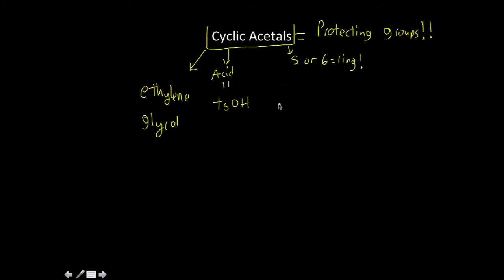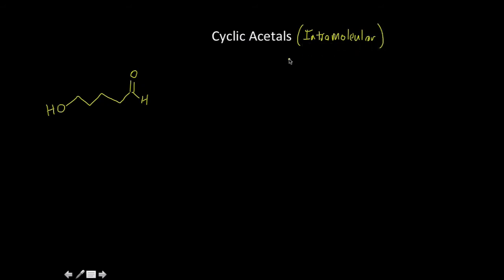Now let's get into the nuts and bolts and draw the actual mechanism. So let's say that I start off with some type of an aldehyde. The example that I think I'm going to use is 5-hydroxypentanal. So there's the OH. I go ahead and run my 5-hydroxypentanal, or some type of a compound that can do an intramolecular reaction. I also make a note that these are intramolecular reactions.